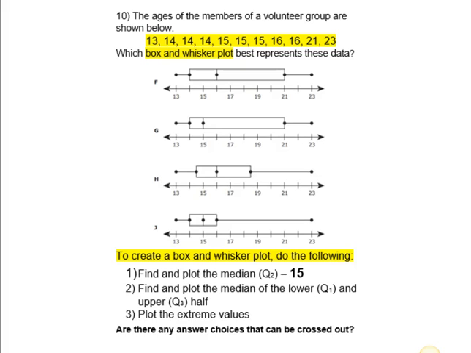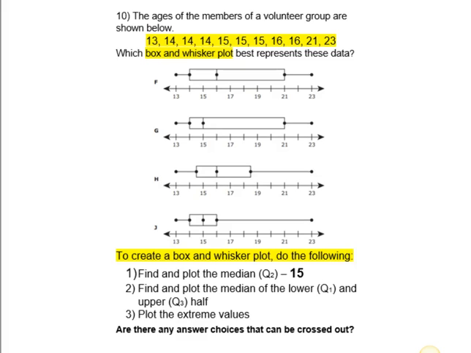So we want to find our median, which is our Q2, and that's 15. Median means the middle number. 15 is the median, the middle number.